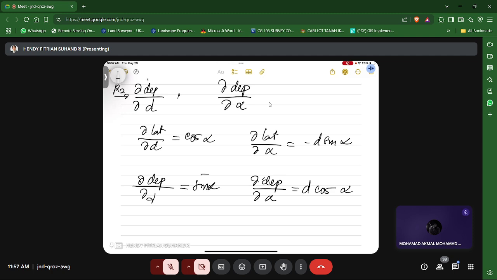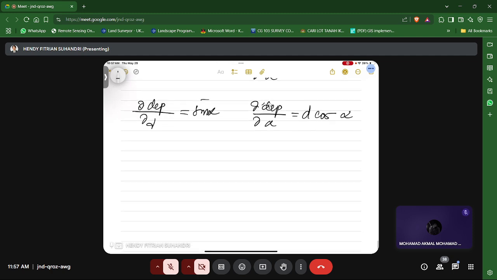So apa dia persamaan dia? Maka persamaan latitude and departure, sekarang dia dah menjadi persamaan yang linear.